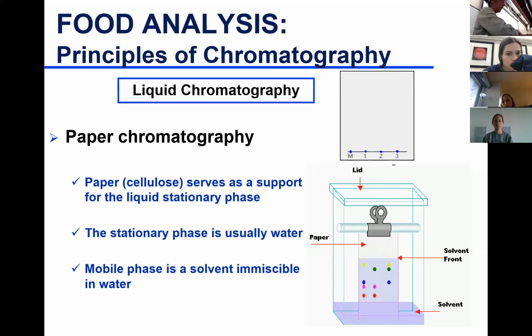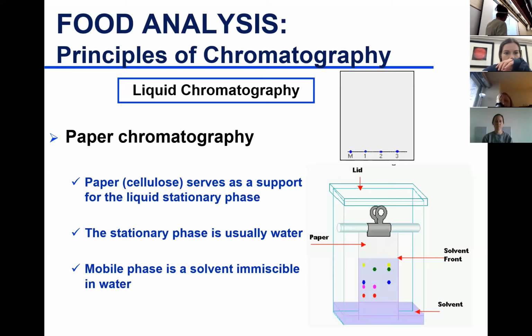So basically you would have water as your stationary phase on the paper. So the paper, you wet it with water, and now your water is your stationary phase. So you take that wet paper then, and then you would spot on that paper your different samples. So sometimes you would have a standard, and then you would spot the rest of the samples on that paper.